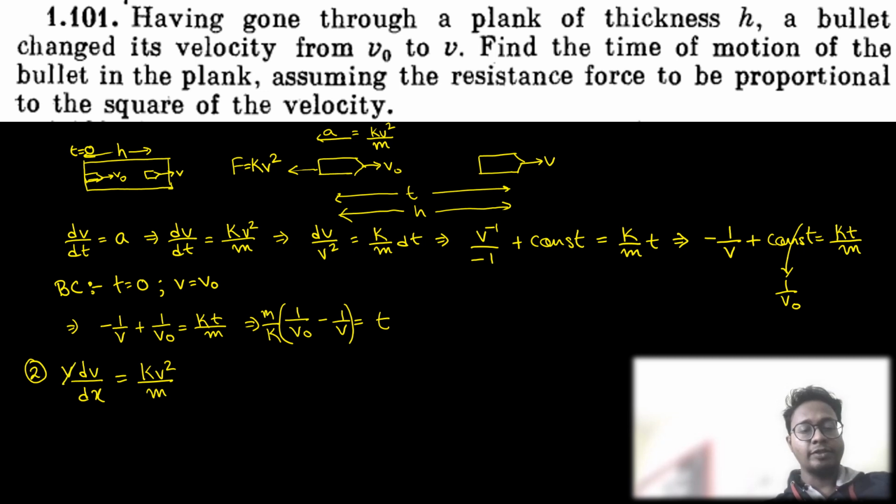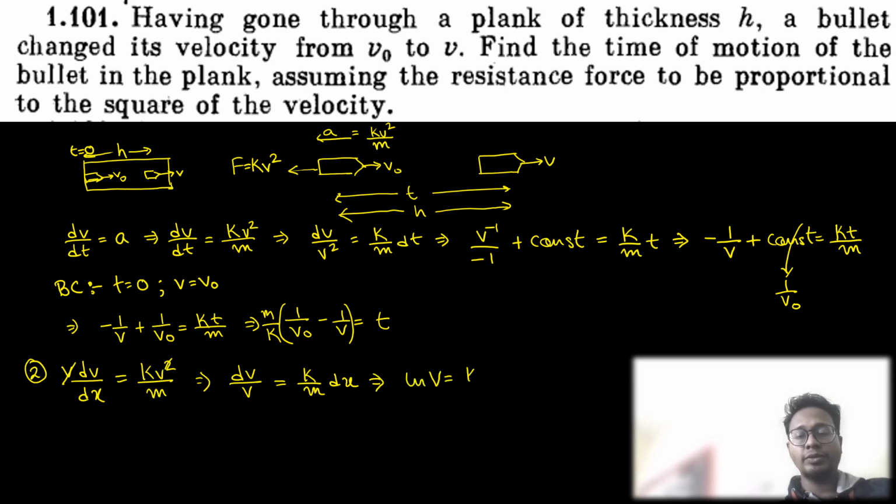The v cancels, so dv by v is equal to k by m dx. If I integrate this, ln v is equal to k by m x plus constant.